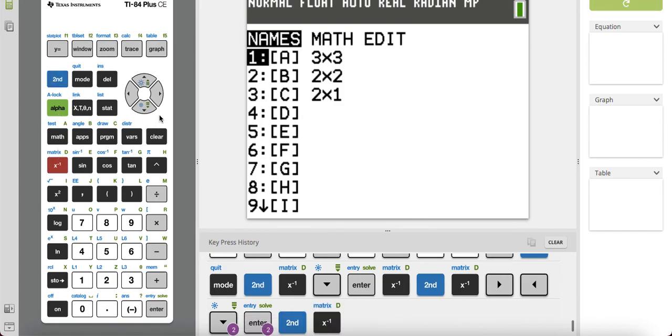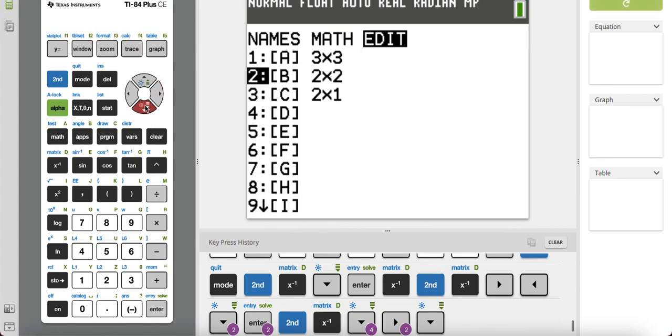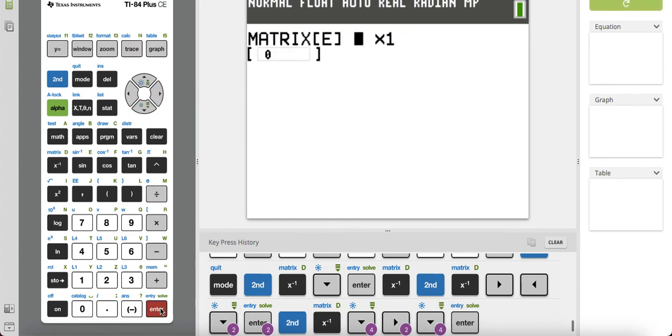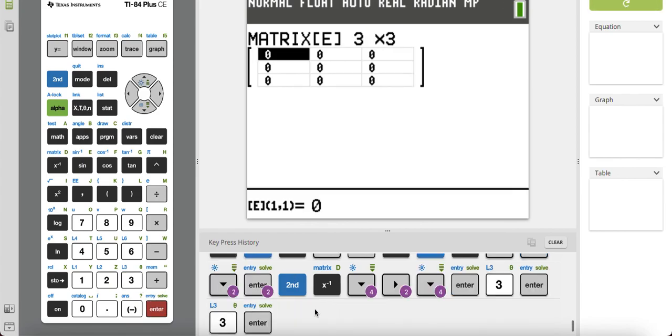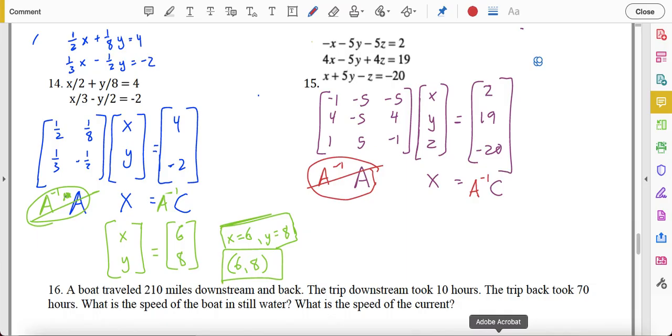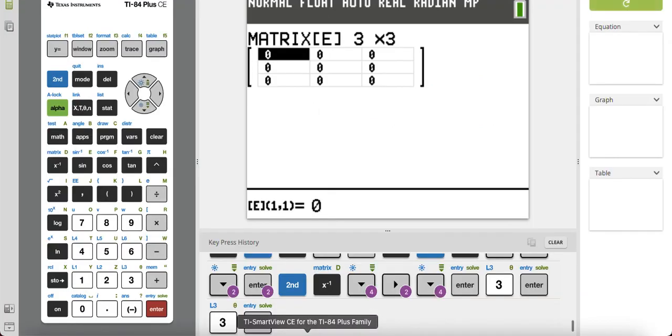So second matrix, I'm going to use E and F down here just so we don't get confused. So matrix E, I'm going to make my coefficient matrix. It's 3 by 3. So we can plug it in now.